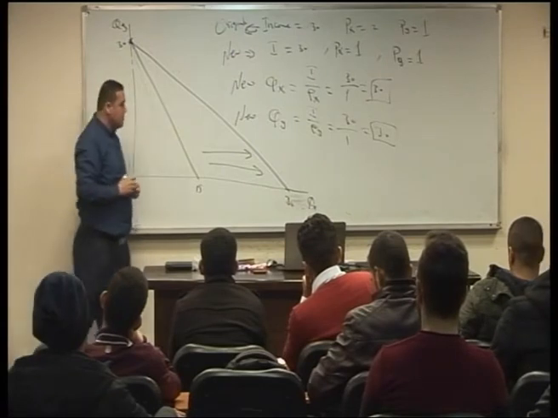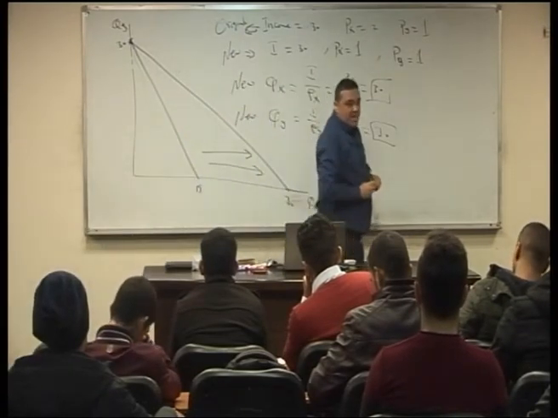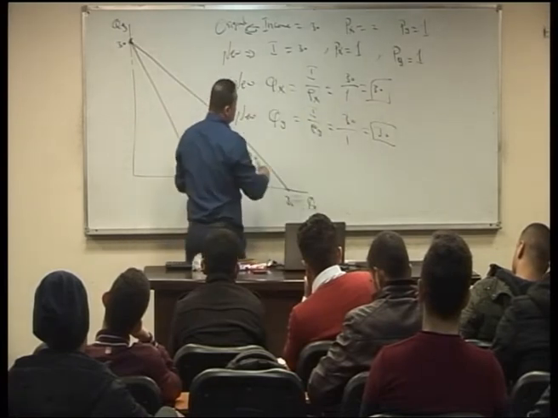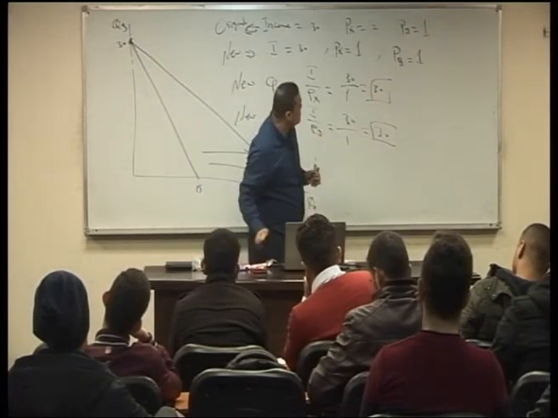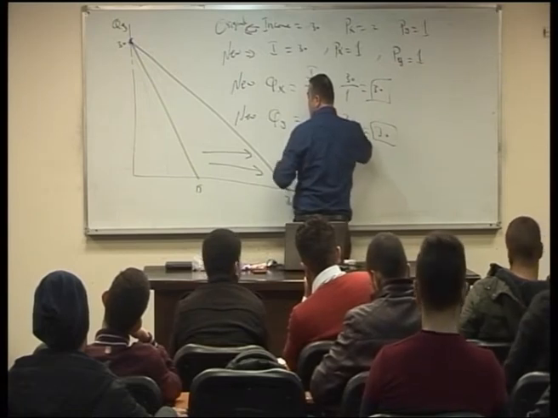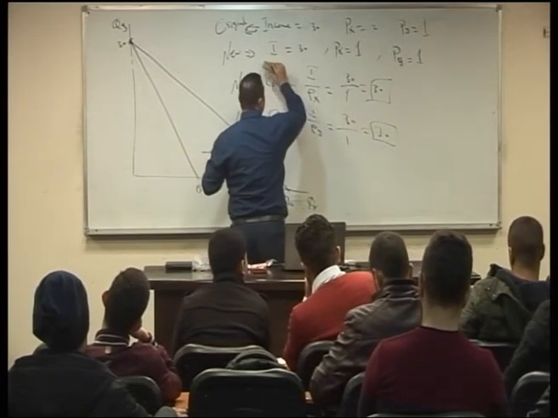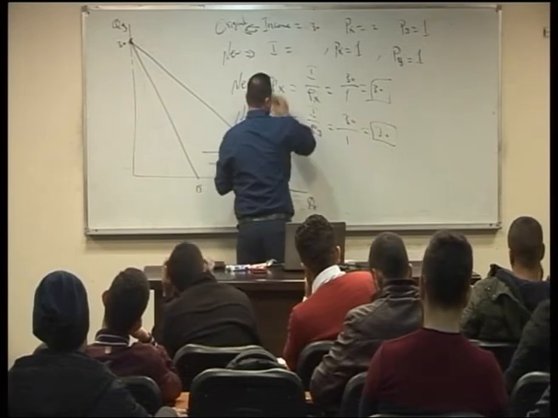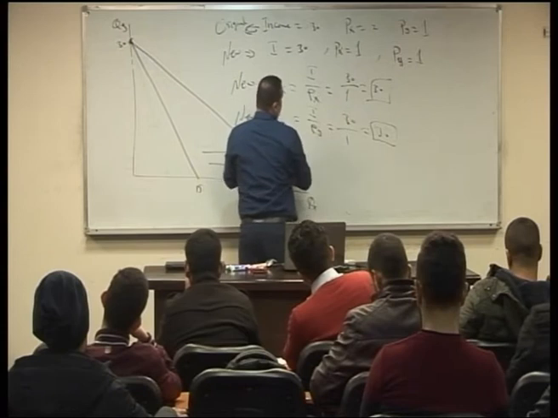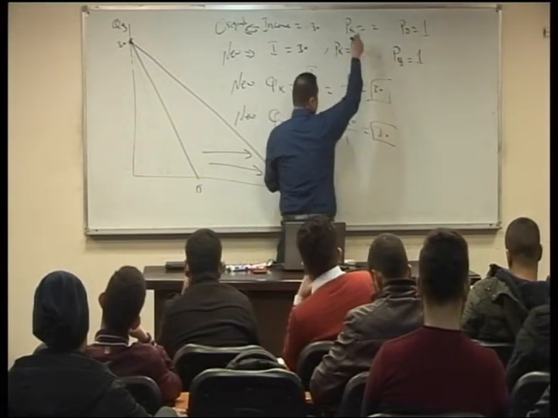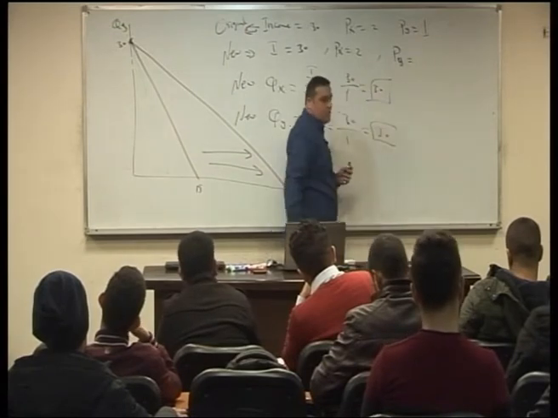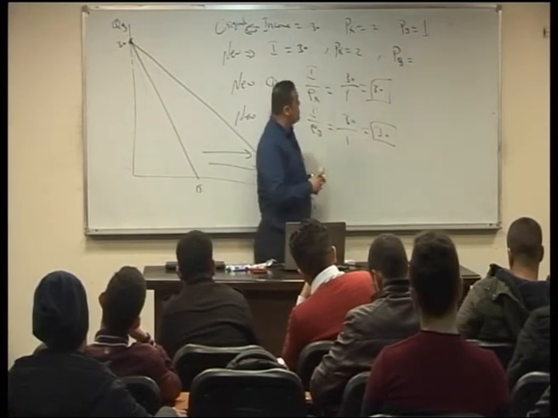What will happen if the price of Y changes? Let us have the following changes. Income remains constant, and the price of X remains constant at 2. And the price of Y, let us assume, increased to 5.